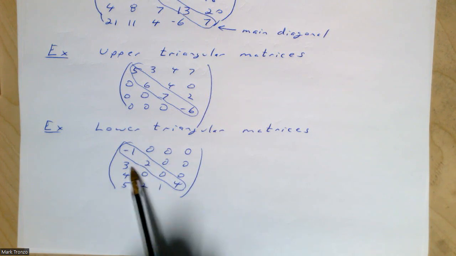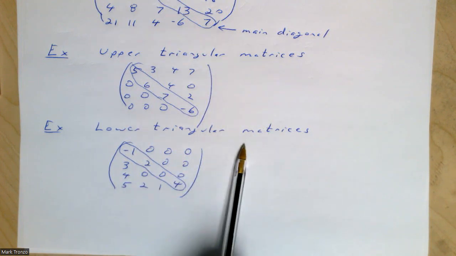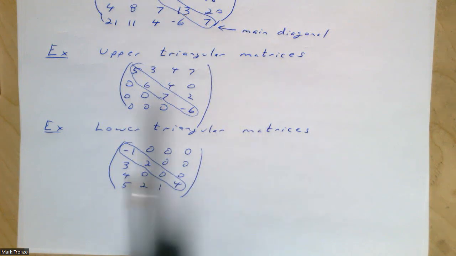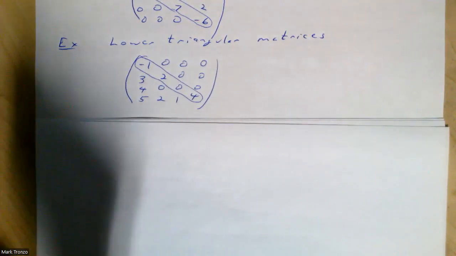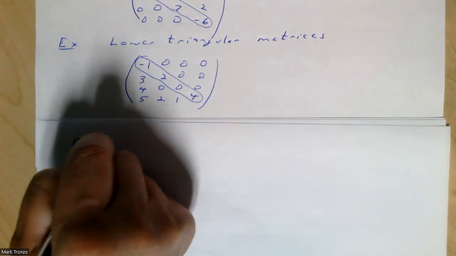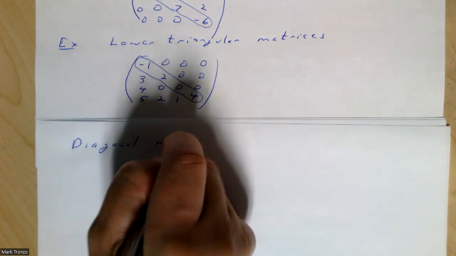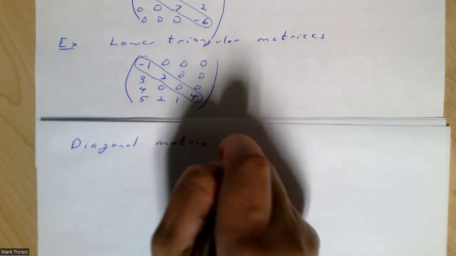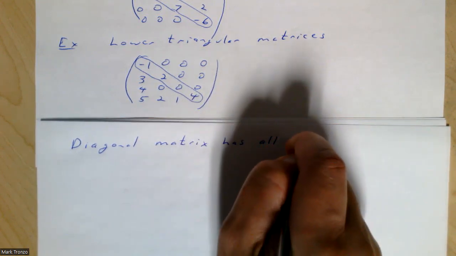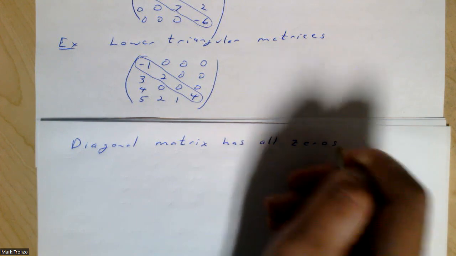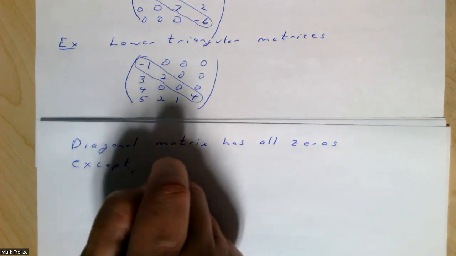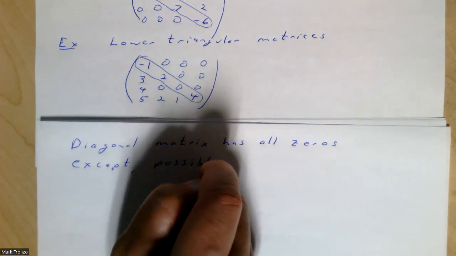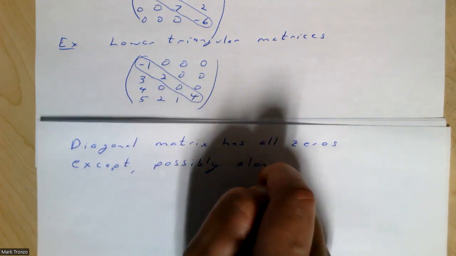Now, technically, these could all even be zero. Technically, it would be lower triangular, but that would also be a diagonal matrix. So remember, a diagonal matrix has all zeros except possibly along the main diagonal.